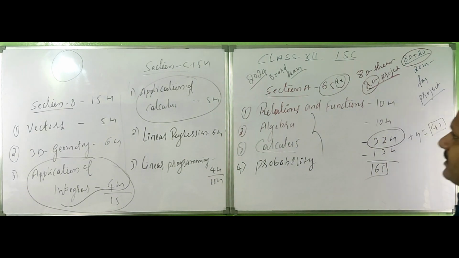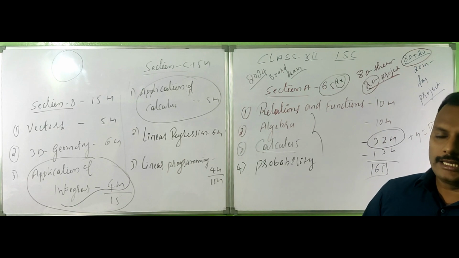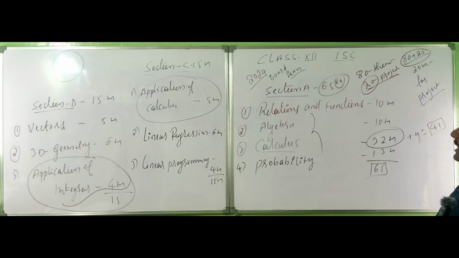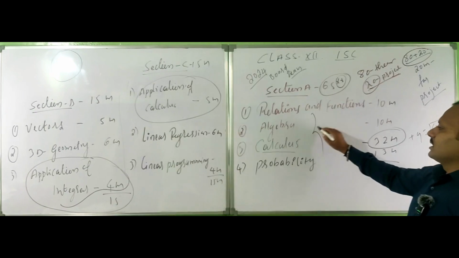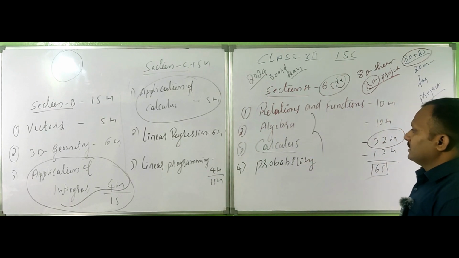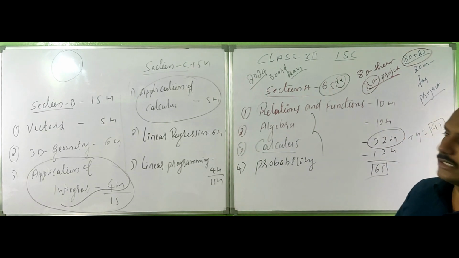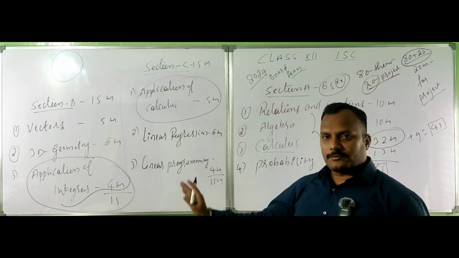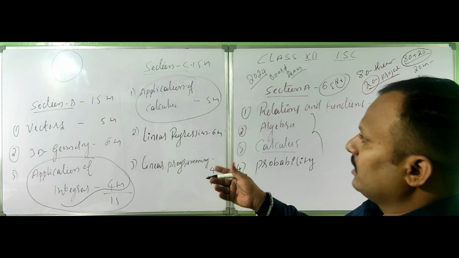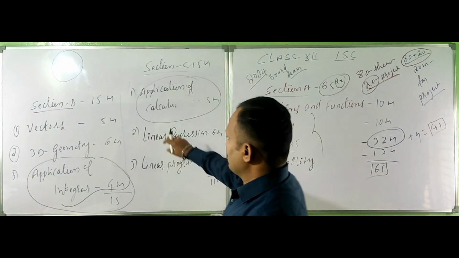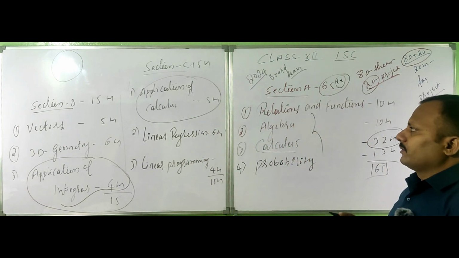Once again I am repeating, for the class 12 board exams from the ISC Council, the pattern is like that. Section A is for 65 marks. In that section are relations and functions, algebra, calculus and probability. These are compulsory, meaning you have to solve all the questions from these chapters. The remaining section B and section C are optional, meaning you have to choose the questions from section B only or section C only.